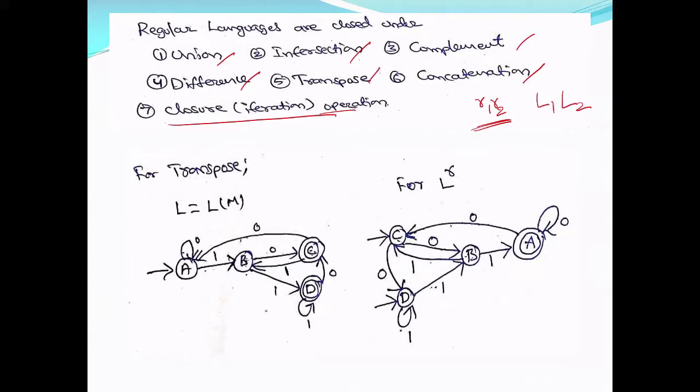For transpose, what we do is we take the original FA, M1, and it has to come in reverse.